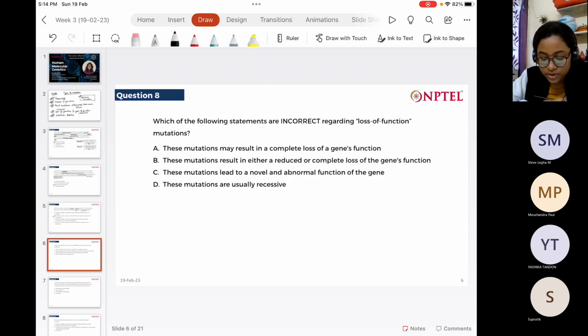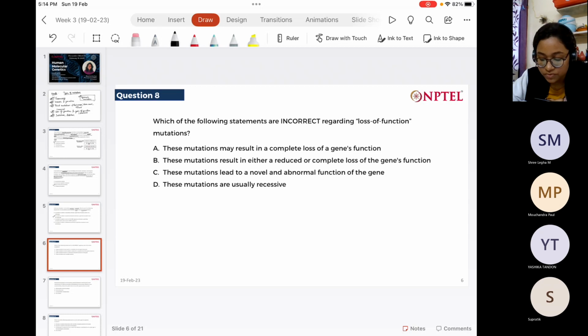Here's another question. Which one of the following statements is incorrect regarding loss of function mutations? So you are familiar with this. What is a loss of function mutation? First option, these mutations may result in complete loss of the gene's function. Then, these mutations result in either a reduced or complete loss of the gene's function.